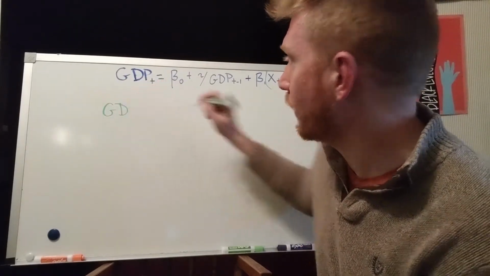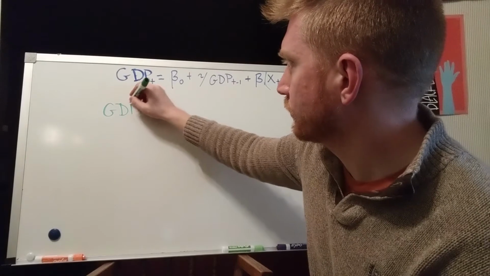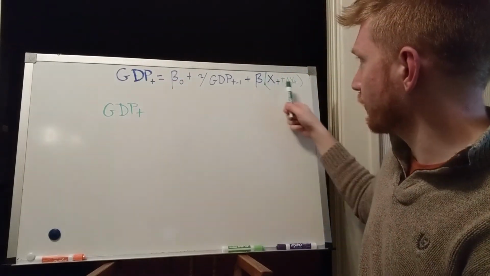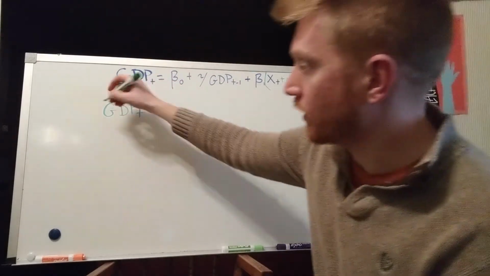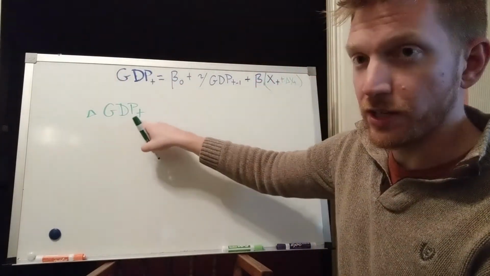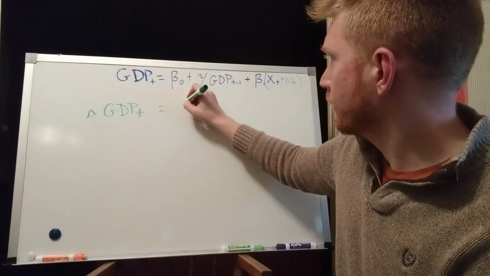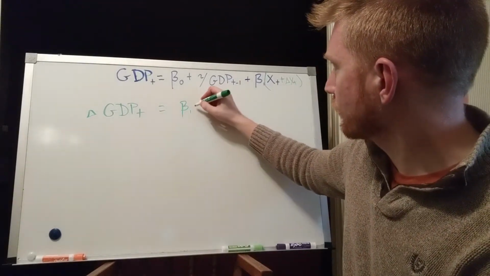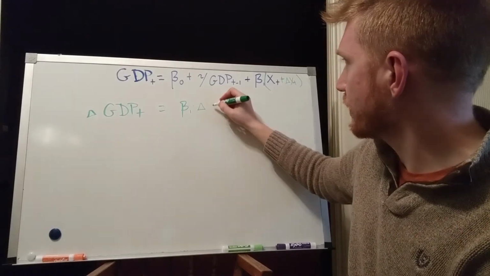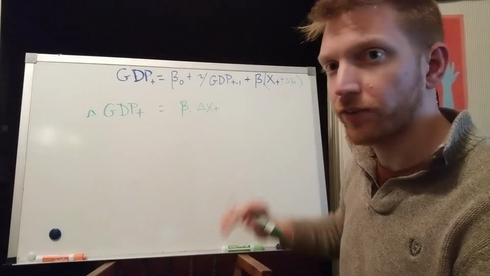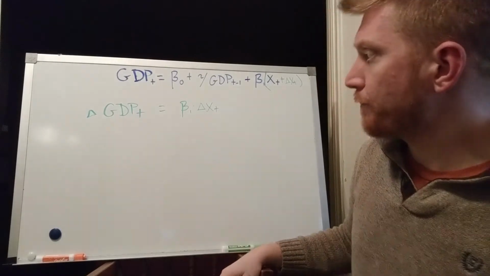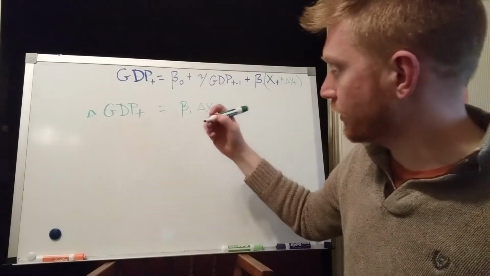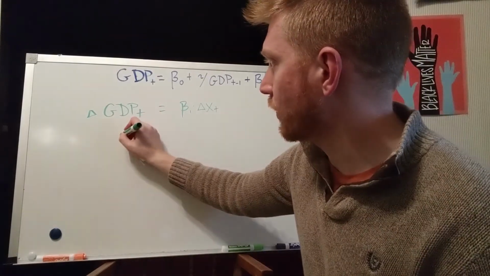So let's say it's a one-time change. Right, so what we've done is we've increased the GDP in time t by beta 1 times our change in our tax rate. But this is going to show up in our future equations.